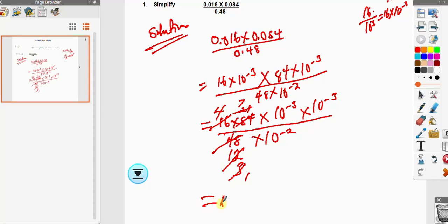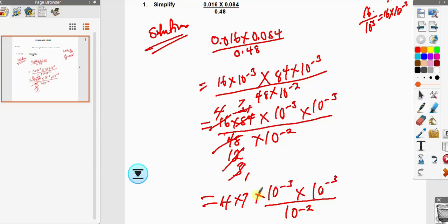So now what do we have left? It will be 4 times 7 times 10 raised to the power minus 3 times 10 raised to the power minus 3, over 10 raised to the power minus 2. Right.